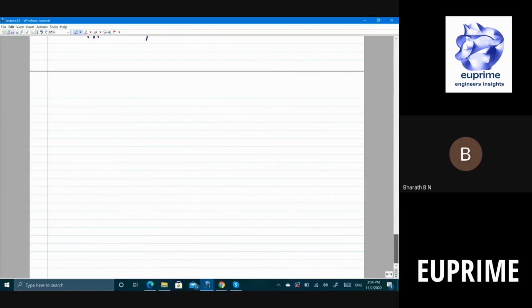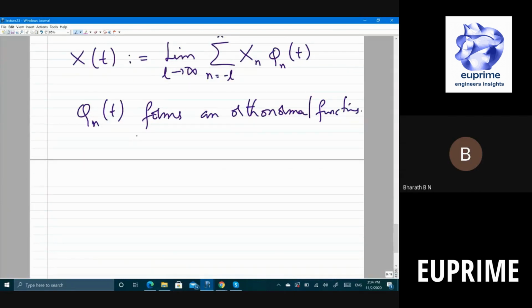In other words, the inner product is 0. So the integral from minus T/2 to T/2 of phi_n of t phi_m of t dt is the Kronecker delta delta_mn. It is equal to 1 whenever m equals n, in which case you are looking at the energy in the function. Is that fine?